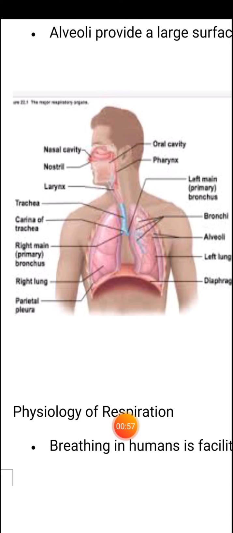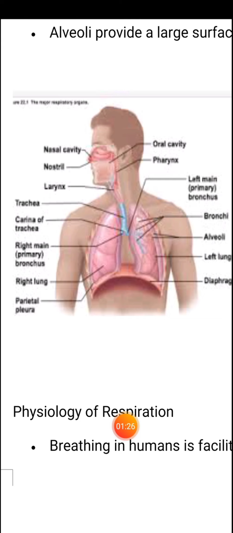The respiratory system of humans begins just from the larynx, because above the larynx, till the pharynx, it is a common passage for both food and air. Whenever we are eating food, sometimes the food may enter into the lungs.